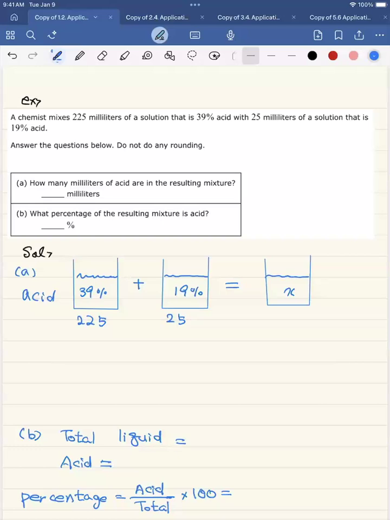To do that, we have to analyze the circumstance. In the first cup, there are 225 milliliters and 39% is acid. In the second cup, we have 25 milliliters of solution, and the acid amount is 19%.